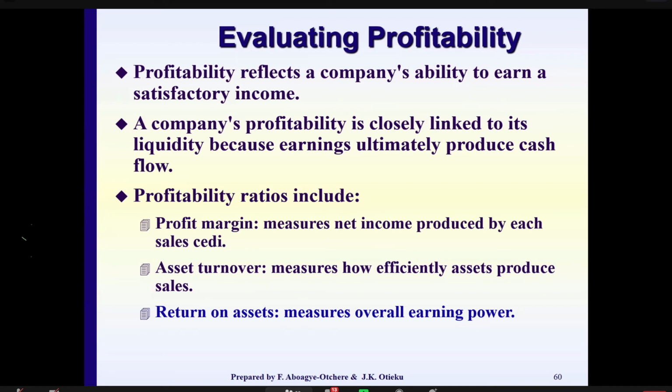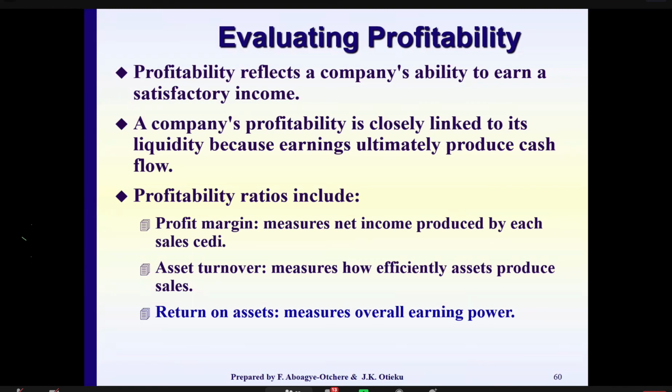Then we have asset turnover, and here we are looking at the relationship between your assets and your turnover. We are looking at how you are using your assets to generate sales or revenue. The margins are measured in percentages. The asset turnover is measured in number of times.